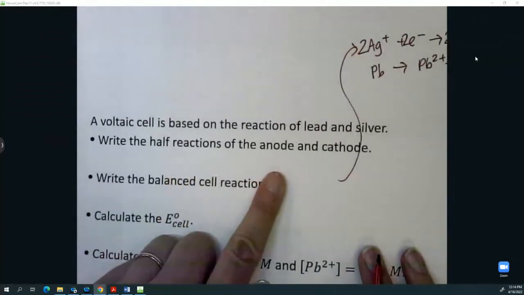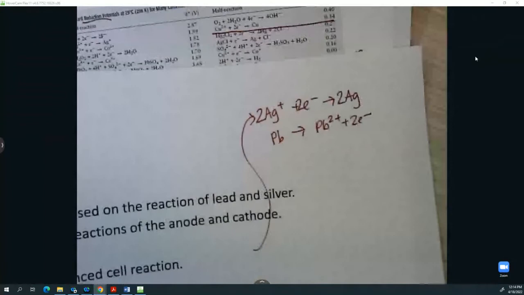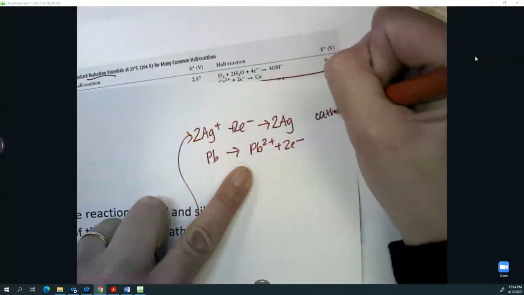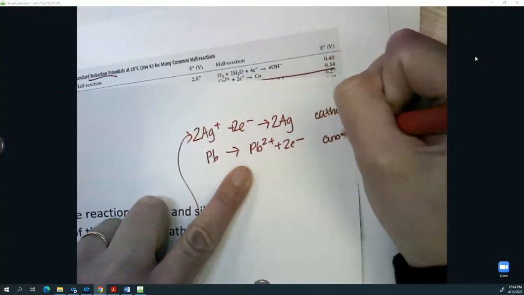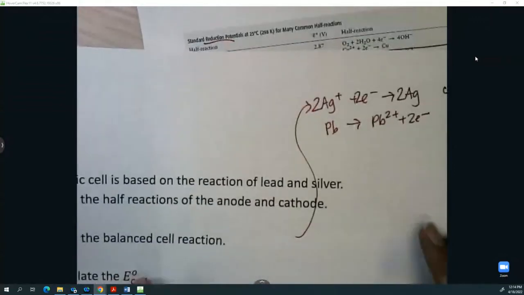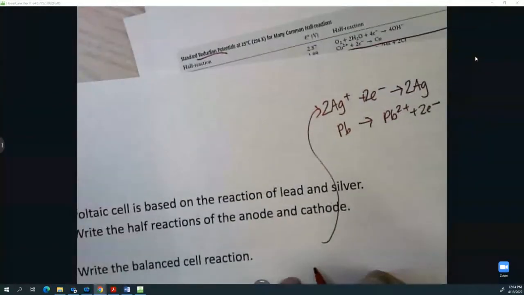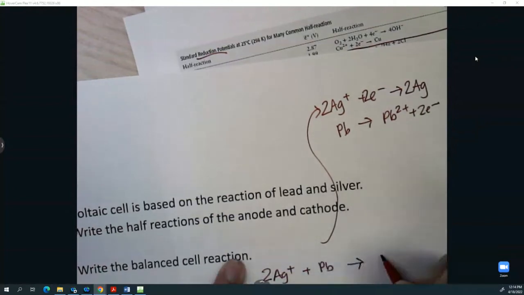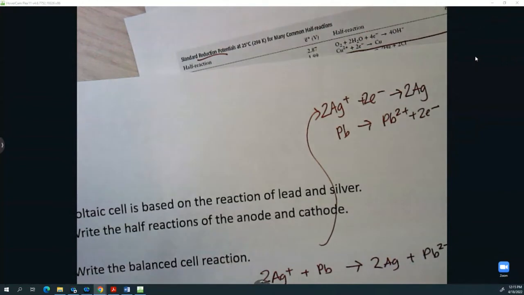Write the half reactions for the anode and the cathode. Maybe I should label them for good measure. This is my reduction, so this is my cathode, and this is my anode. Those are my half reactions. For the balanced cell reaction, it would be the whole thing added together: 2 silver plus on the left, lead on the right, 2 silver on the right, lead 2 plus on the right.